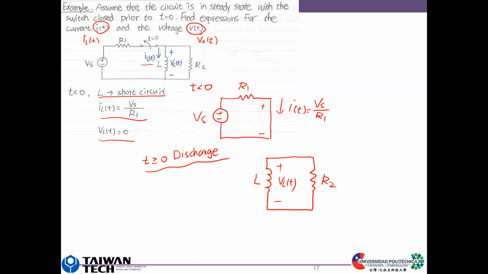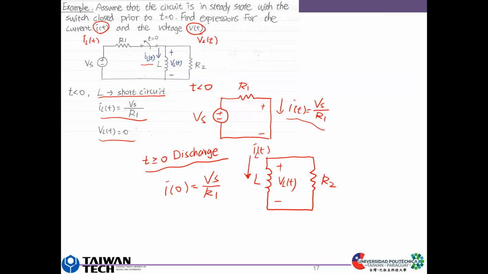During discharge, the initial condition of the current, I(0), is the same as the previous steady state, Vs divided by R1. So you have this, i_L(t).